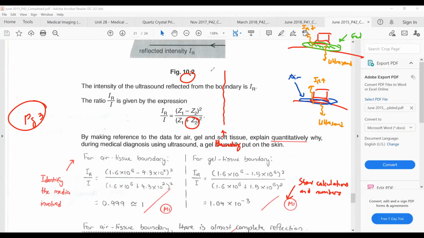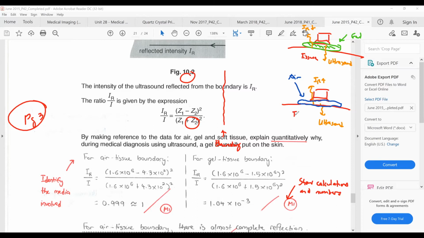So I'll give you the time to do that. So this one is, okay, this is gel-tissue.